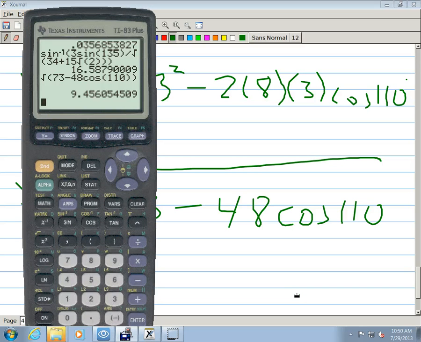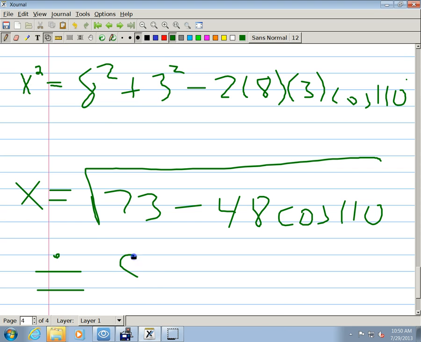Usually a unit of force is in newtons, so some multiple of newtons. It may not be just newtons, it might be meganewtons or something, but 9.456. They didn't give a unit, so don't worry about that, but something like newtons.